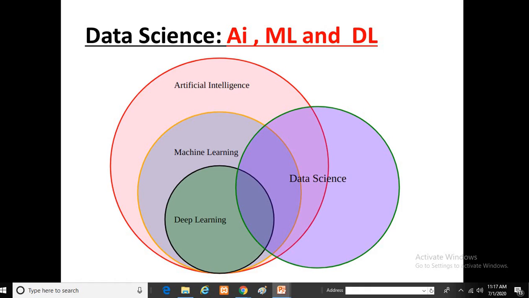So if we want to build some kind of intelligence from the available data, that means there is something which is hard for a human to understand from the data. This can be done with programming. AI is simply embedding intelligence in a machine. If you are building an intelligent machine, then it comes under AI. So machine learning is also AI.